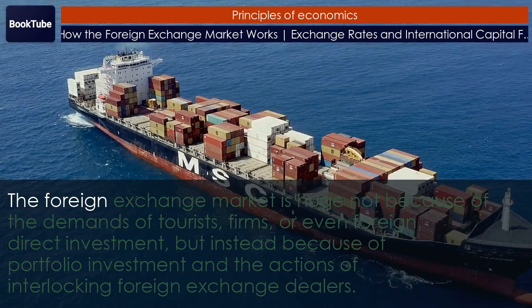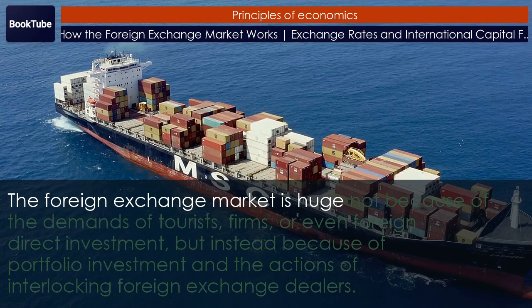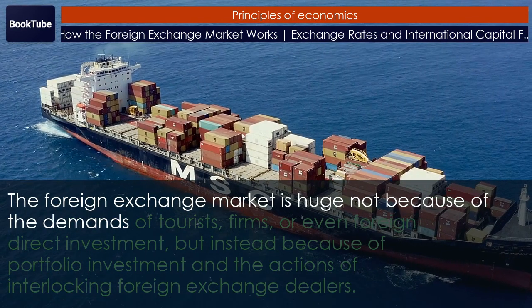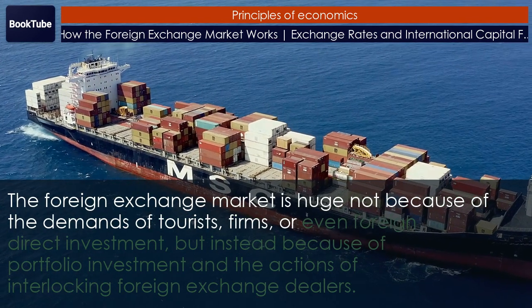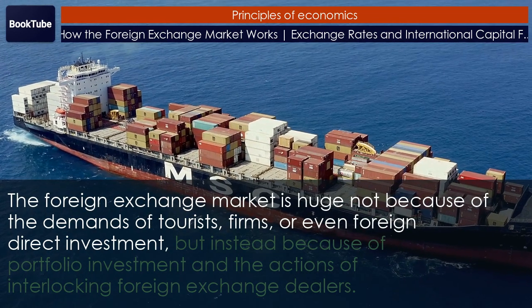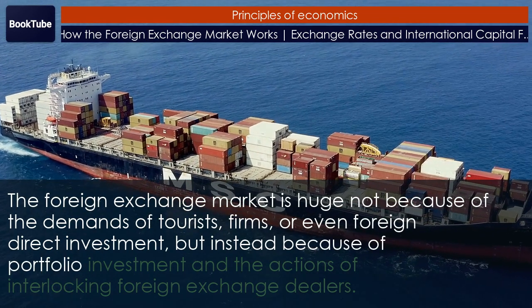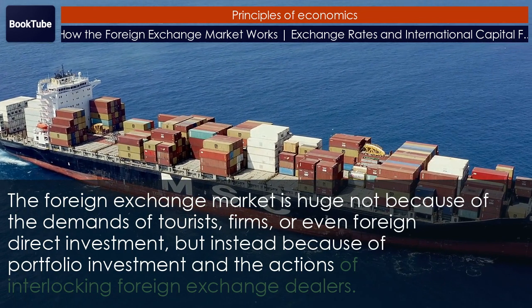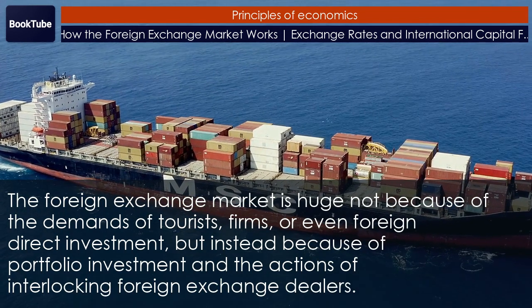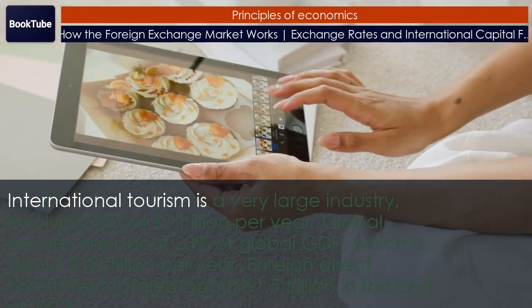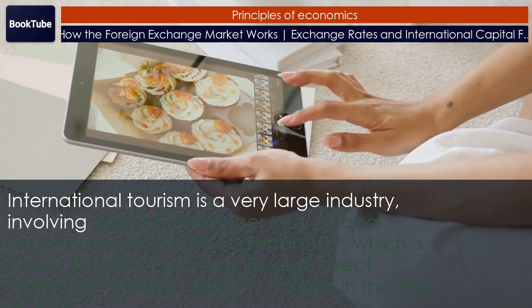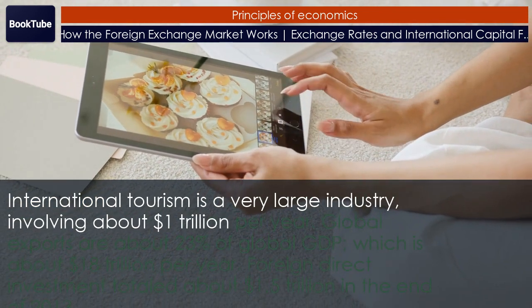The foreign exchange market is huge not because of the demands of tourists, firms, or even foreign direct investment, but instead because of portfolio investment and the actions of interlocking foreign exchange dealers. International tourism is a very large industry, involving about $1 trillion per year.